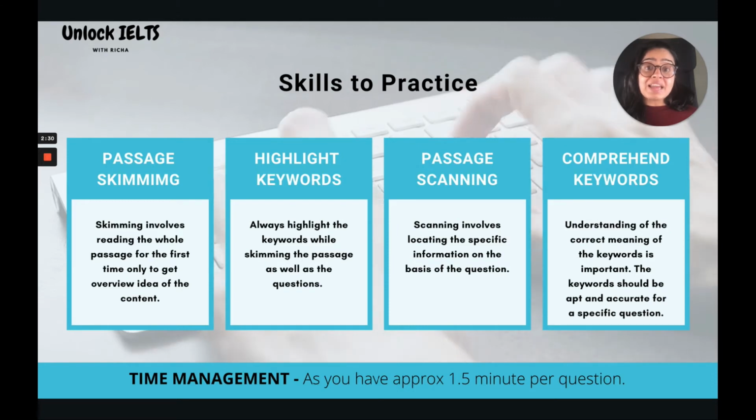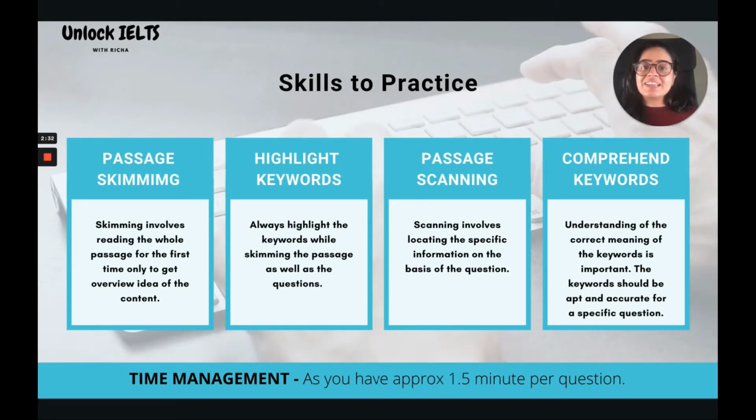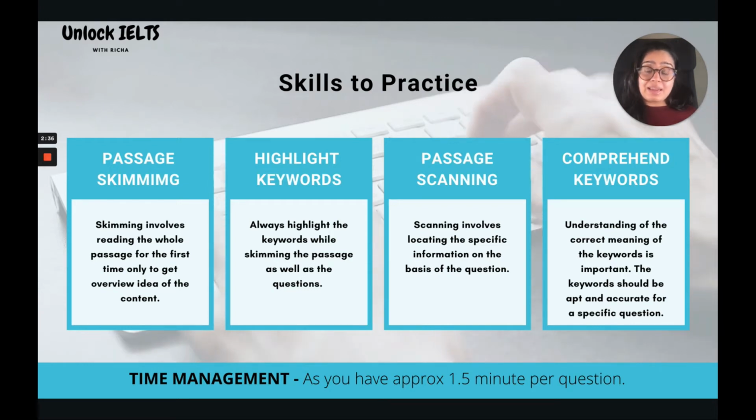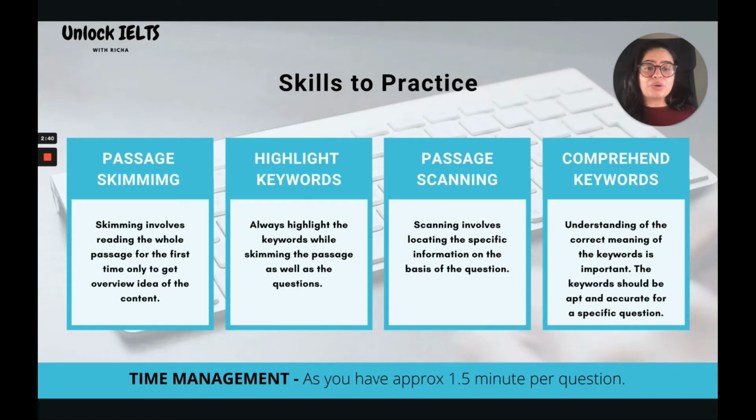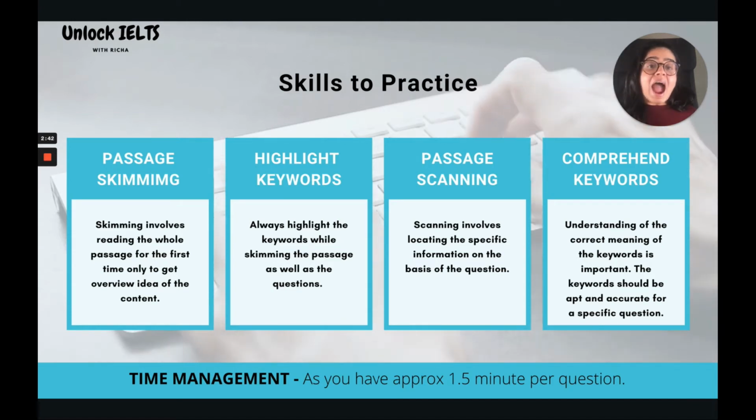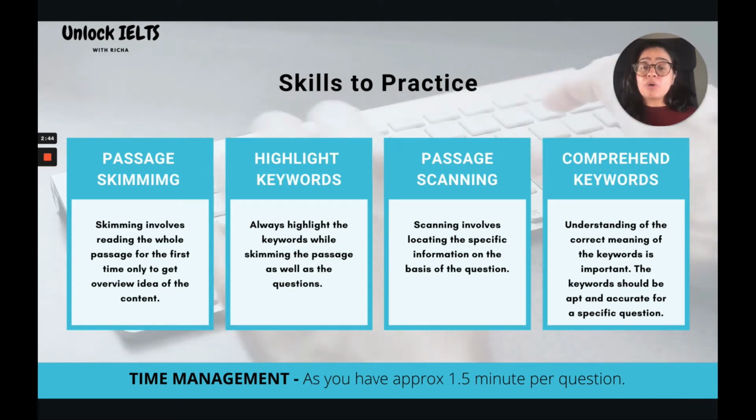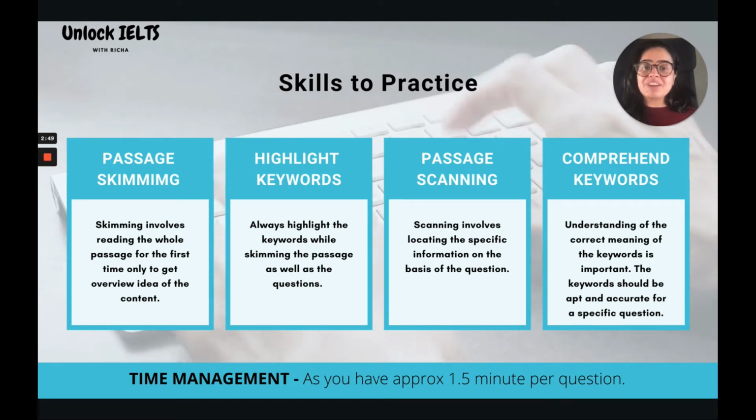Then comes scanning the passage to find the correct answer based on the specific keywords given in the question. And lastly, you need to correctly comprehend the meaning of the keywords in order to find the correct answer. The IELTS reading test is all about time management, because you broadly have 1.5 minutes per question.